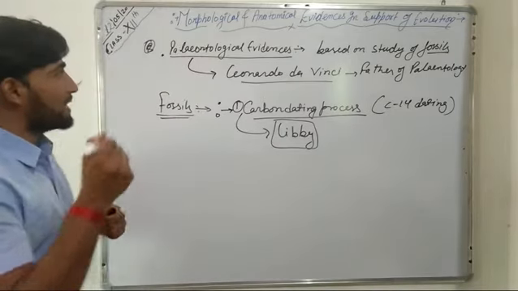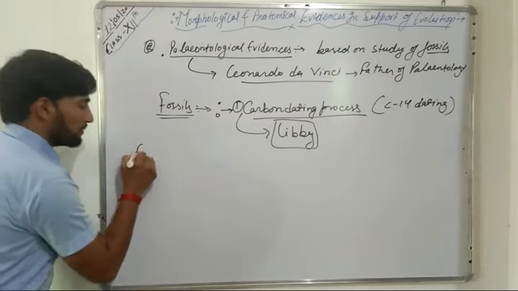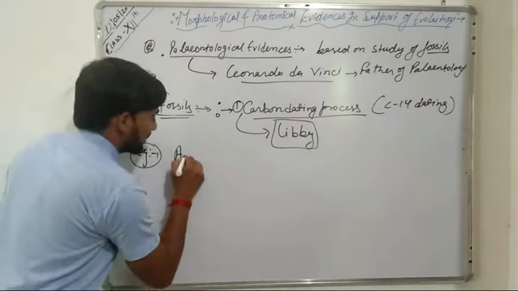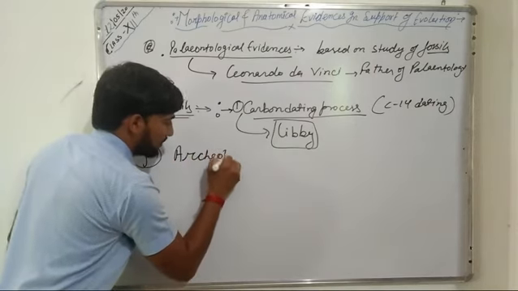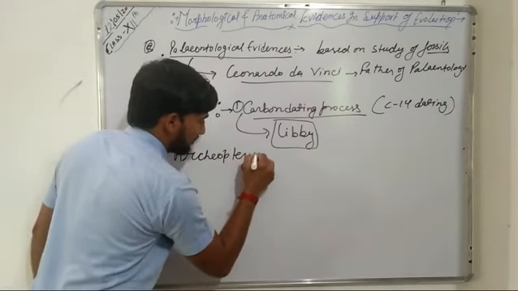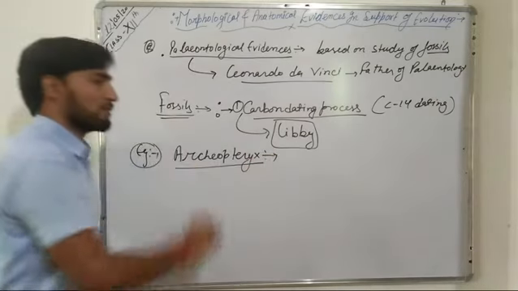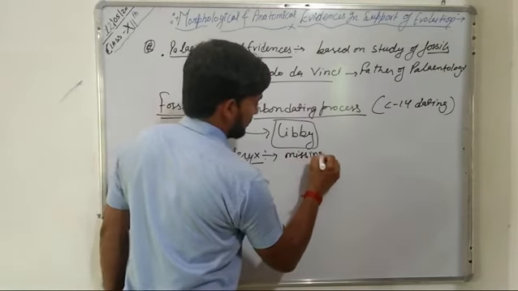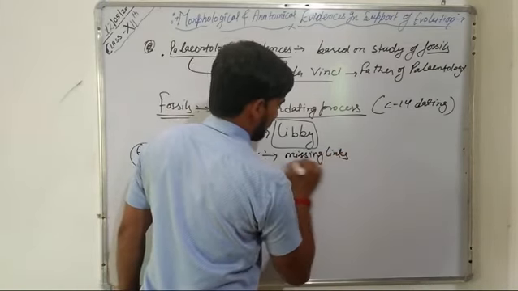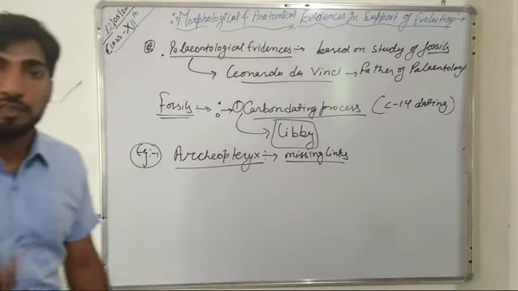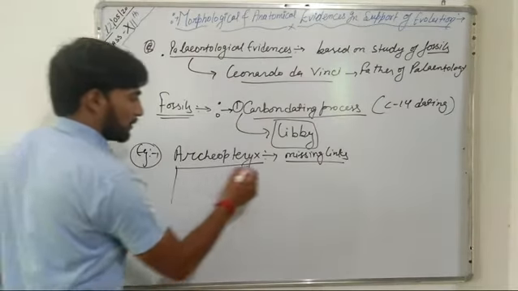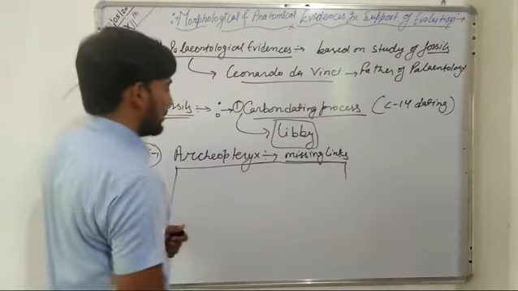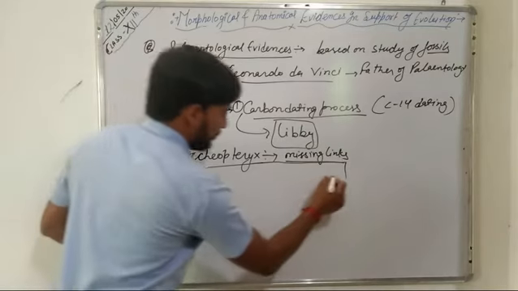Now, the most important example of these fossils is Archaeopteryx. These Archaeopteryx are usually known as missing links, and they share the characteristics of two different organisms.